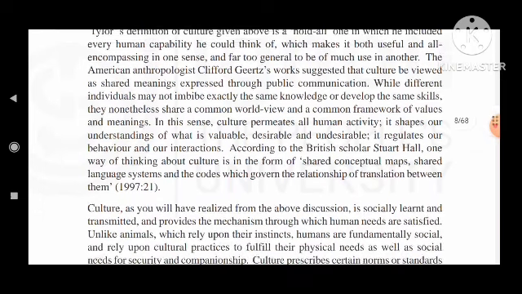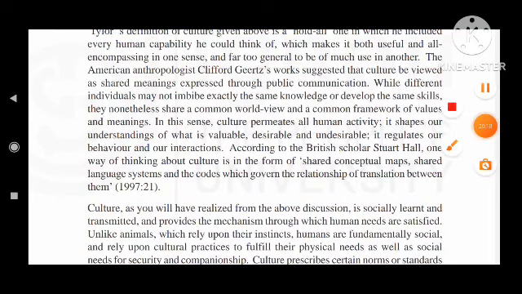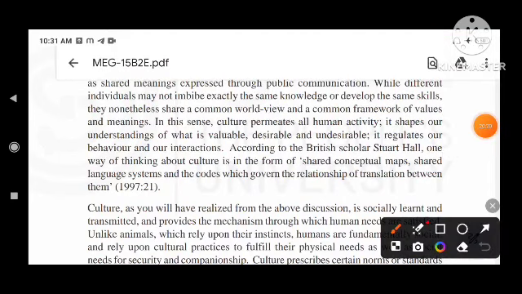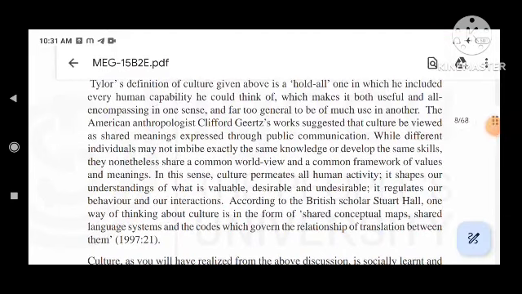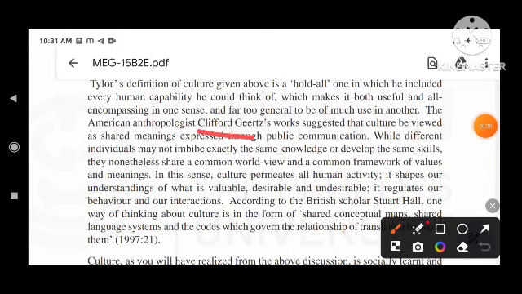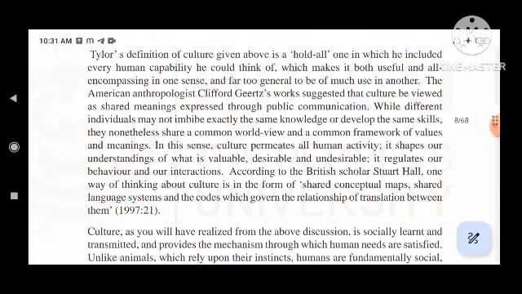The American anthropologist Clifford Geertz's work suggests that culture be viewed as shared meanings expressed through public communication. So, what do you mean by Clifford Geertz's work suggest? Here is the main key point you can note down. Clifford Geertz's work suggests that culture can be viewed as shared meanings expressed through public communication.